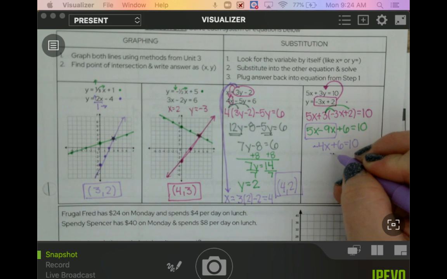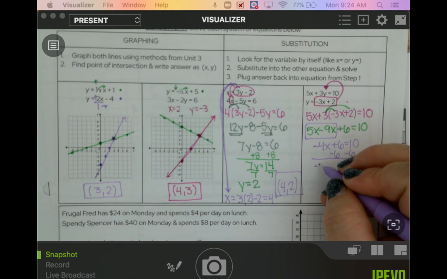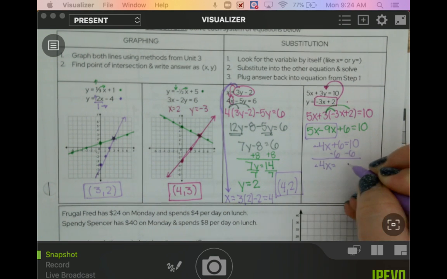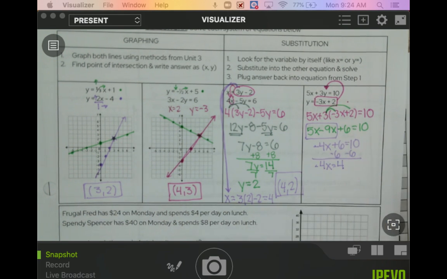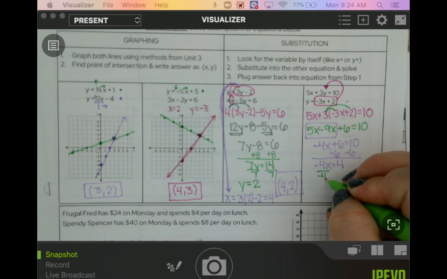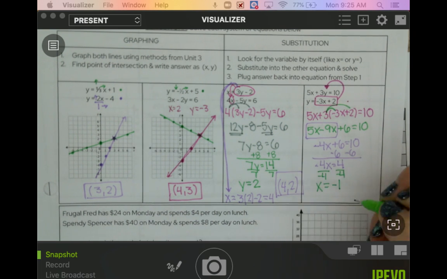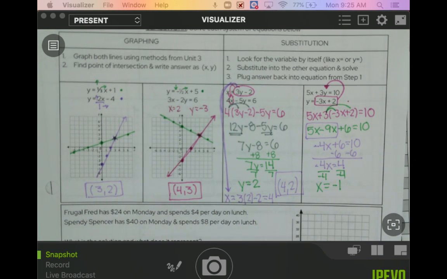Subtract the 6. Some of us have stopped writing the minus 6 on each side. That's okay with me if that's you. And divide by negative 4. X equals negative 1. 4 divided by negative 4 is negative 1. They do not just cancel out.